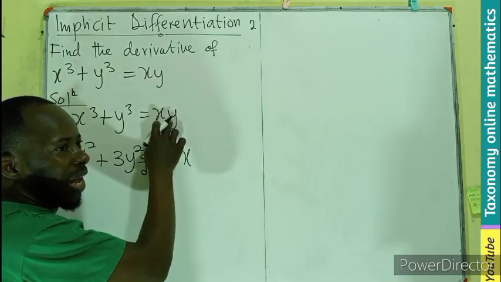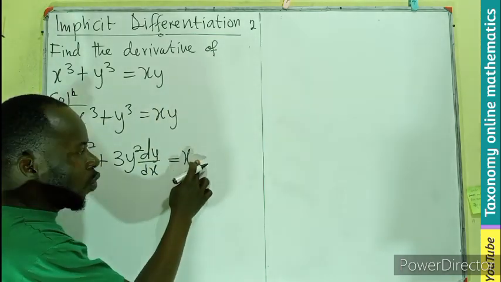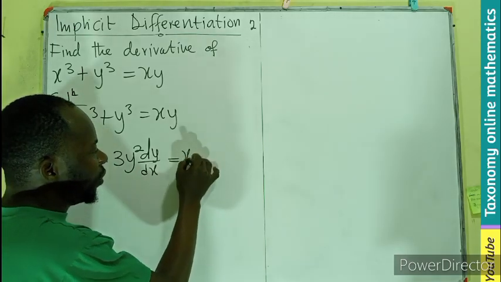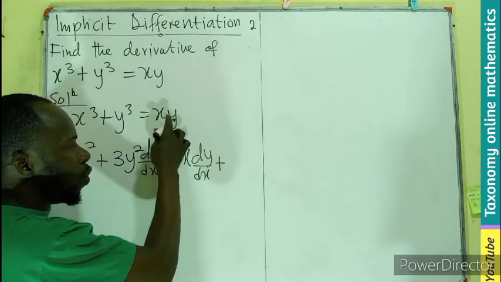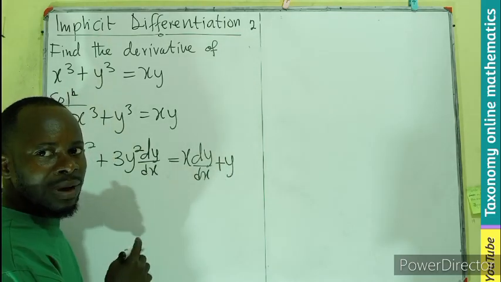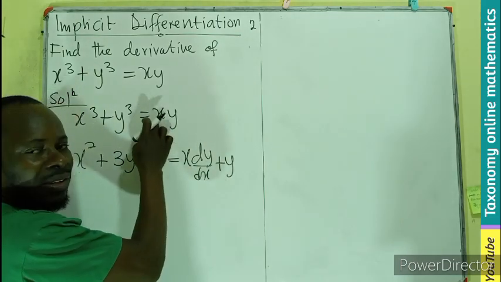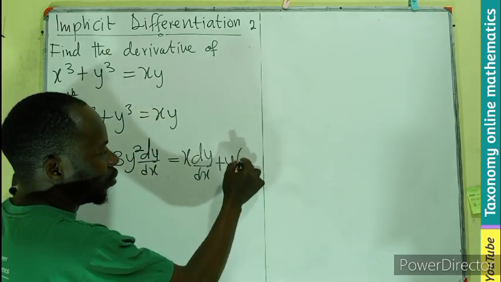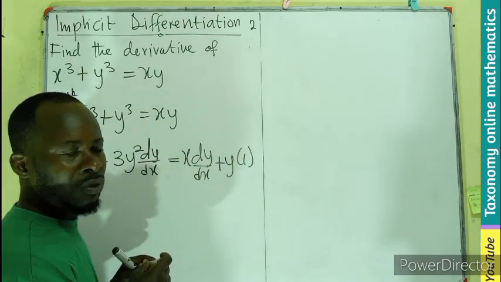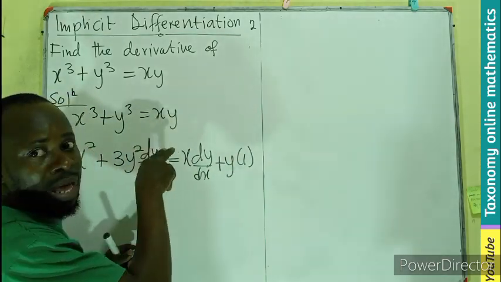If we differentiate y, it gives you 1, so 1 times this. Then we introduce dy/dx, plus. You hold the y and then differentiate the x. And if you differentiate x, you still get 1. So that 1 will also multiply. So this is a product rule because they are multiplied.